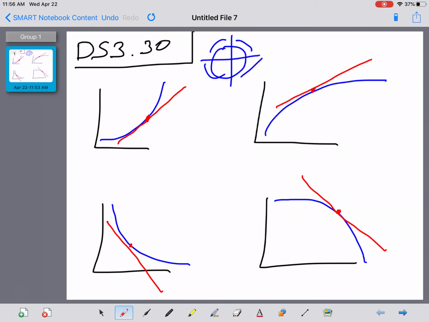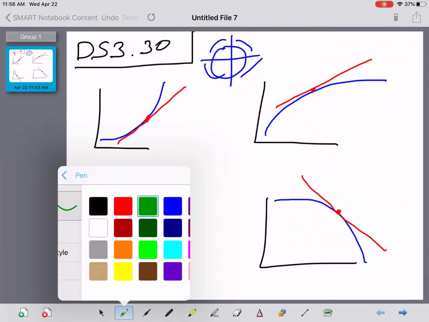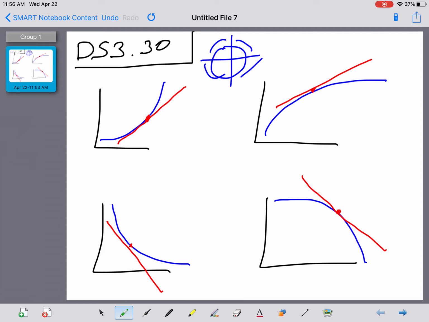All right, and there we go. And now, what we're going to think about here is that if we were going to choose an x value that was near the point of tangency but not exactly at it, does the local linear approximation give us a value that is greater than or less than the actual value of the function itself? Like, for example, on this first curve, if I wanted to estimate what this y value was right here on the function, we could use its linear approximation to come up with this y value right here.